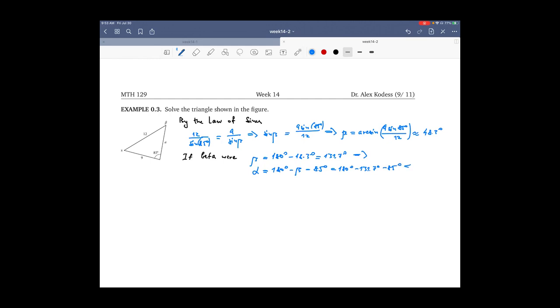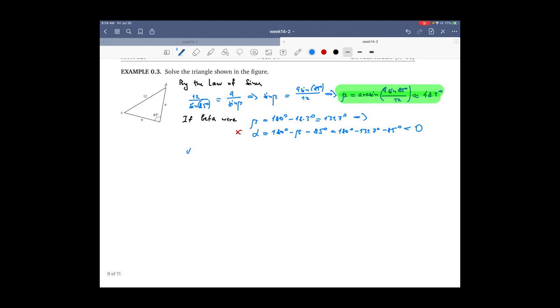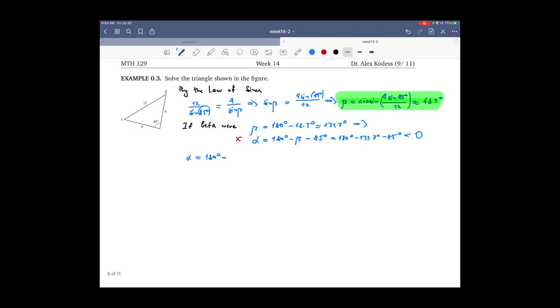And that is already less than 0. So, of course, that's not possible, so beta is indeed 48.3 degrees. And alpha, in fact, is 180 minus beta minus 85.